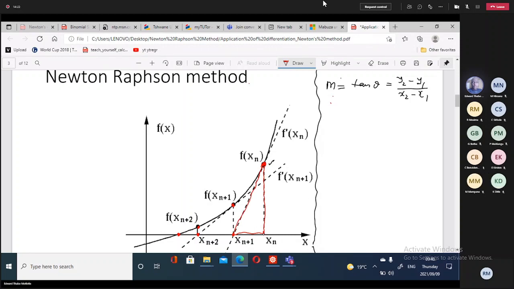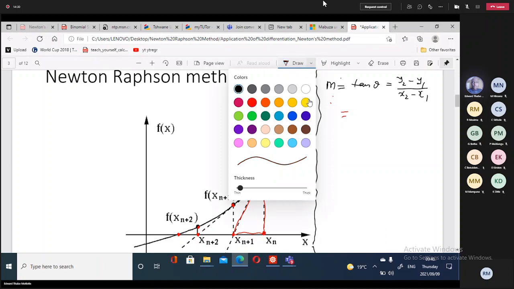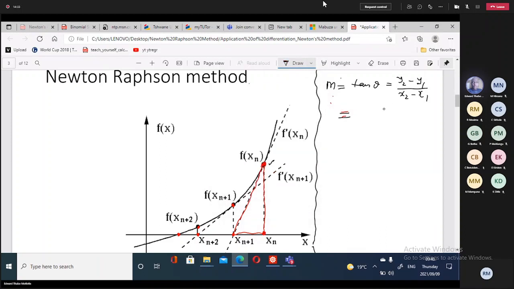Now we have this point xn and that one. Let's say this is my x1 here, and this is my x2, and then here I have my y1. Then my y2 will be at this point here.